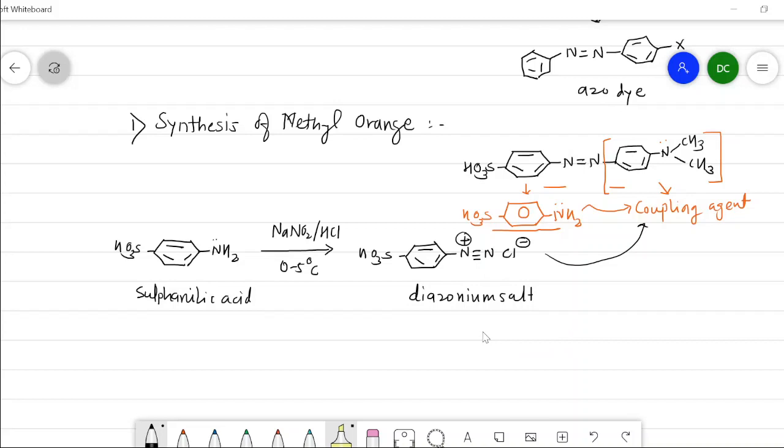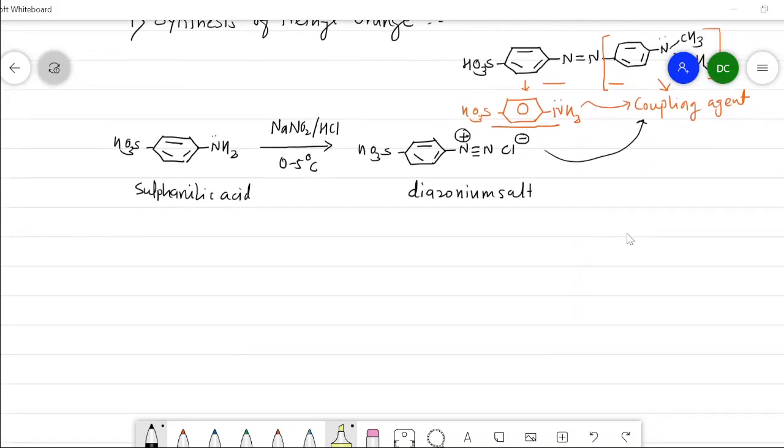So in the second step, we will write the coupling of diazonium salt. So I will once again write here N triple bond N Cl minus positive. Then on this carbon there is an SO3H group.